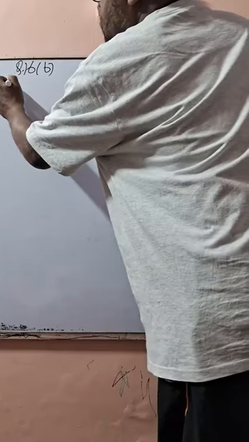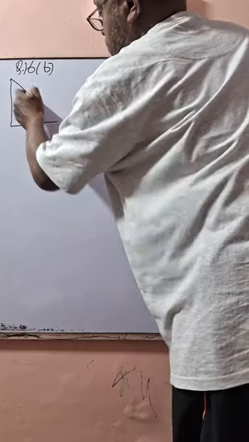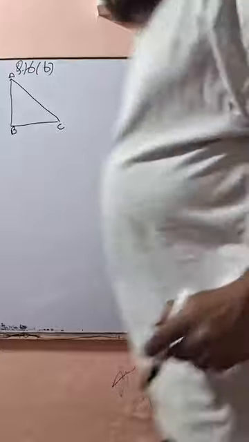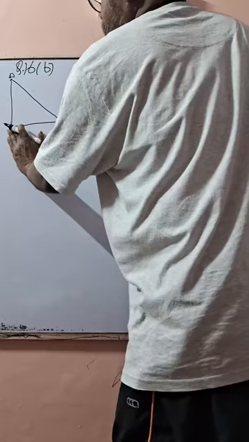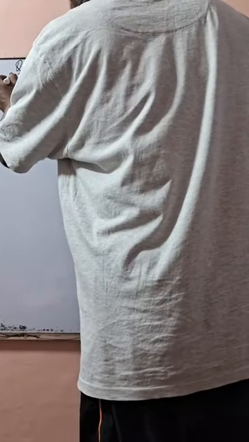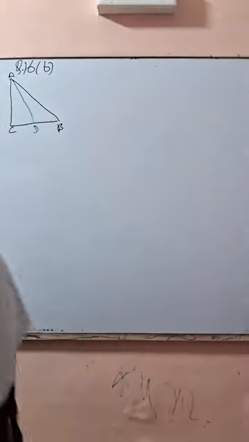Okay, this is ABC, a right angle triangle, A, B and C. This is C and this is B, and there is a D from A to D. D is the midpoint on BC.